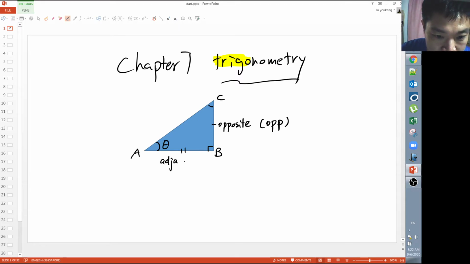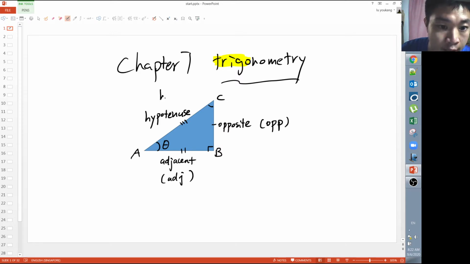Adjacent, ADJ in short. Right, and last but not least, this is the longest side of this triangle, and it's called the hypotenuse. Hypotenuse, HYP in short.